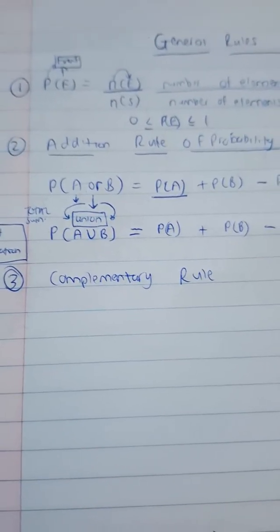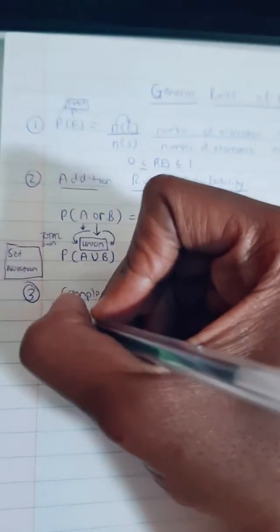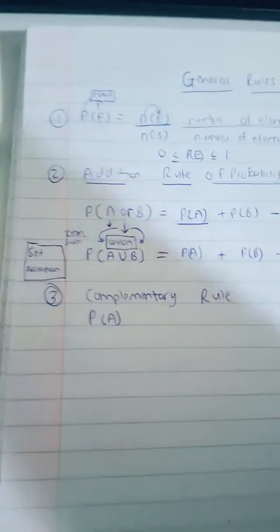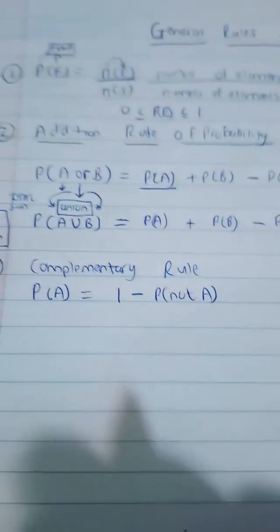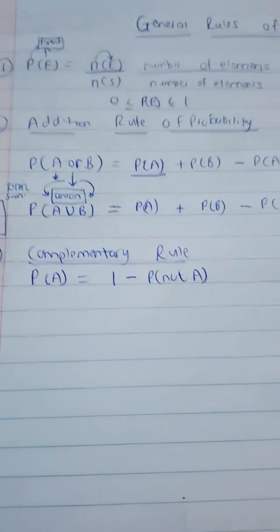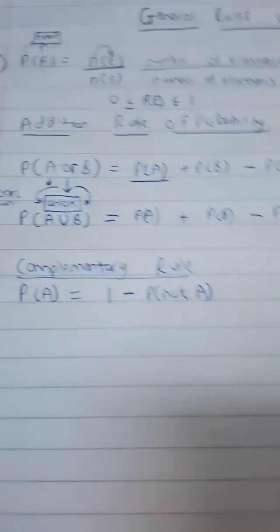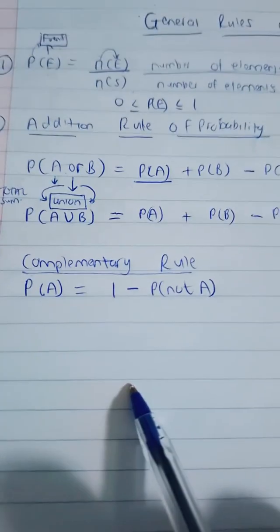Here is the thing about the complementary rule: we say that the probability of A is equal to 1 minus the probability of not A. I know for now you're going to look at this and be like, huh? I'm going to get deep into it, guys. For now, I'm just exposing you to the rule.